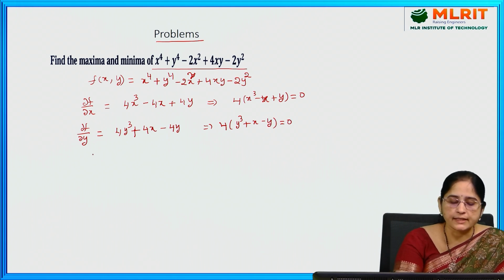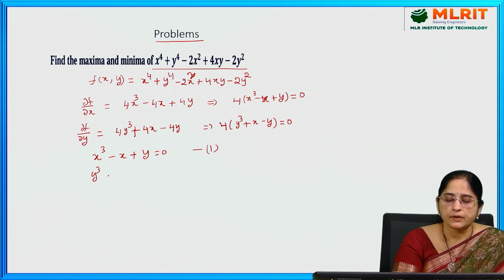Take this x cube minus x plus y equal to 0 as equation 1. Next one, y cube plus x minus y equal to 0, take this as equation 2.